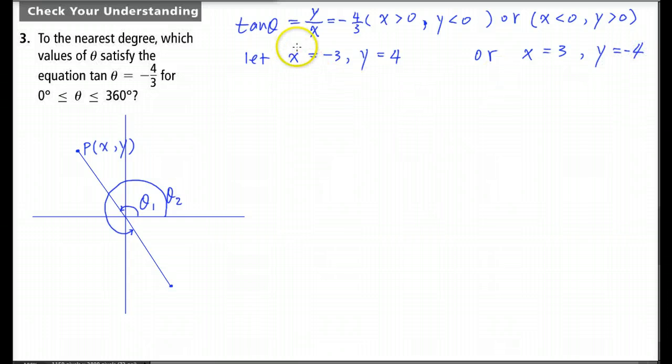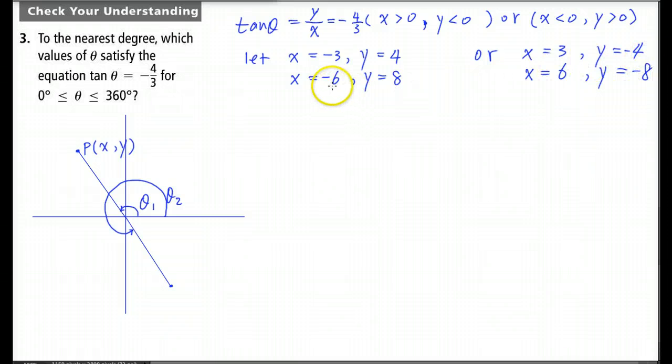Of course, I just said you don't really know the values of x and y, so it's possible to have x equals -6, y equals +8. You can see as long as the ratio equals -4/3, which is true, 8/-6 is still -4/3, right? And likewise x equals 6 and y equals -8.